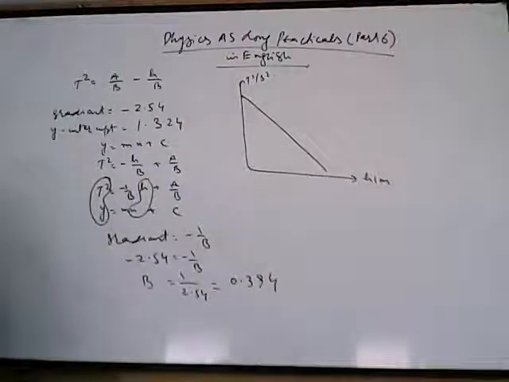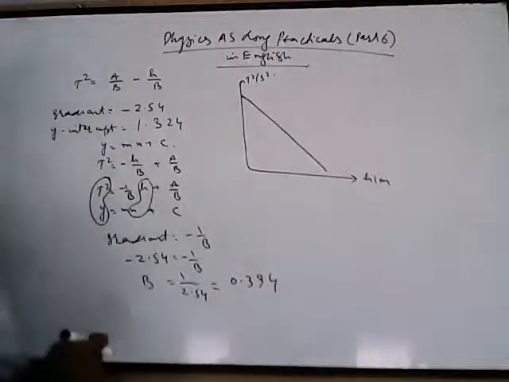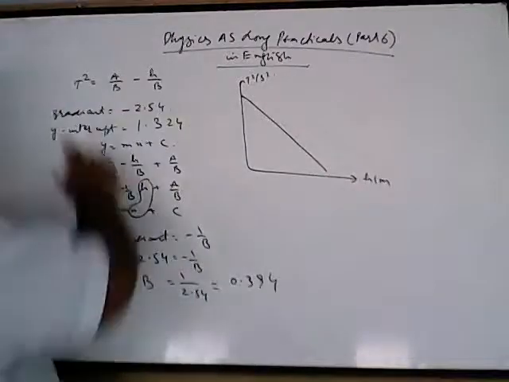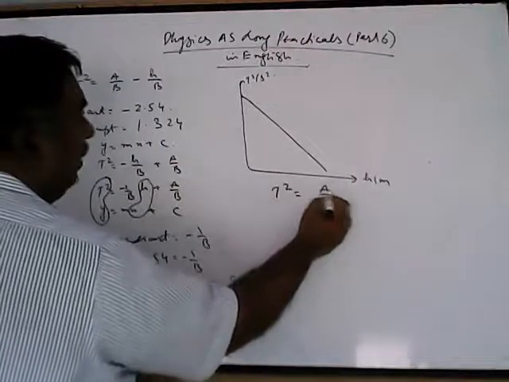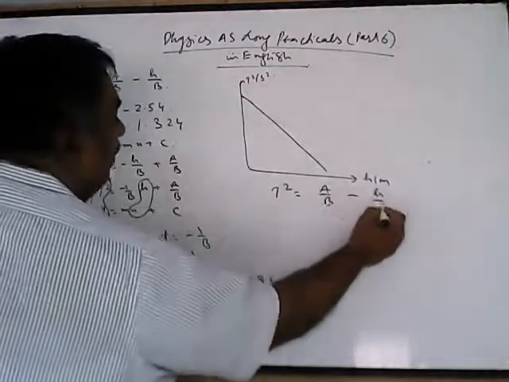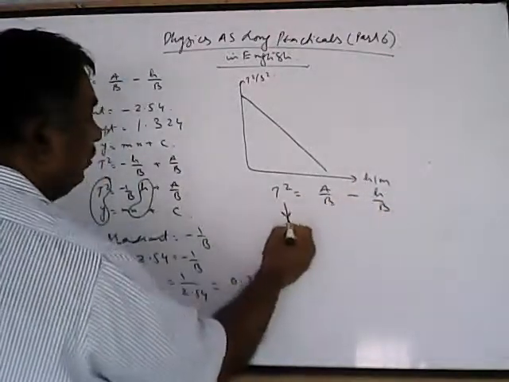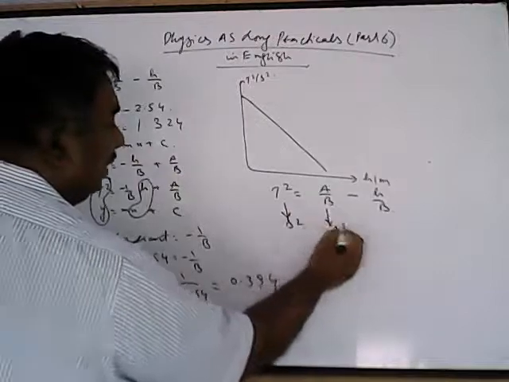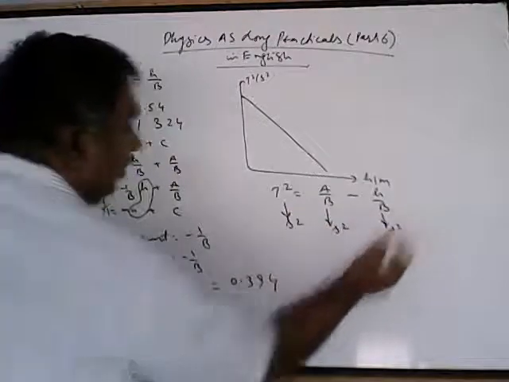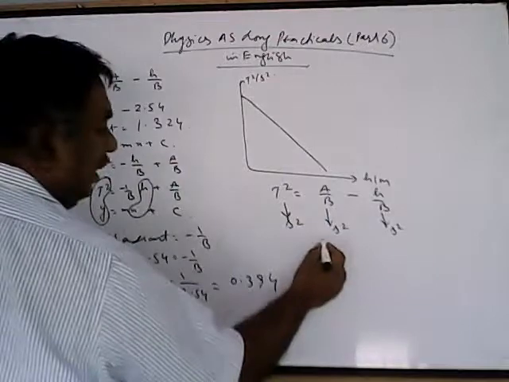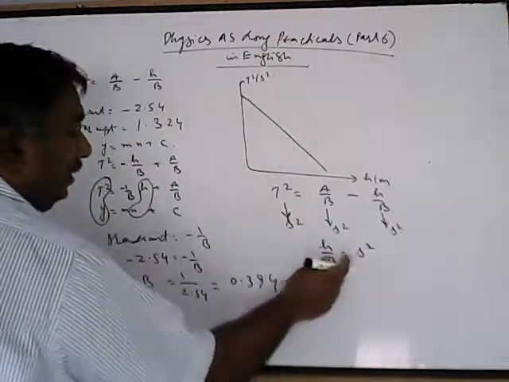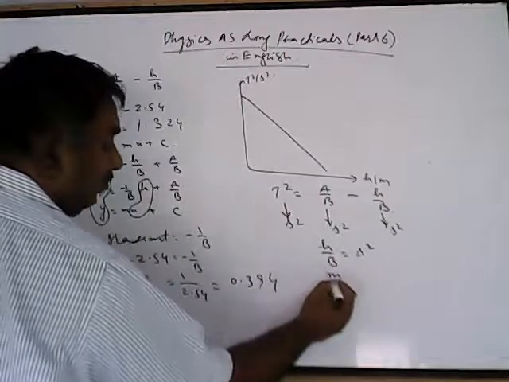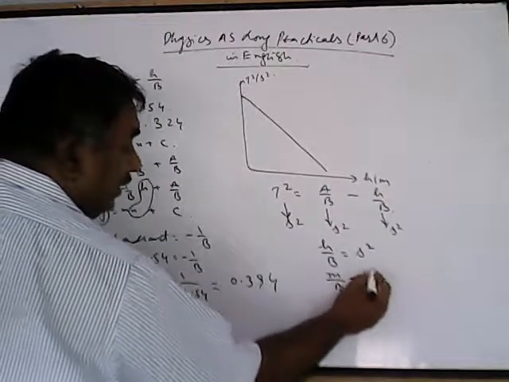Now what should be the unit? For the unit you will use the equation of homogeneity. Now t square is in seconds square, a upon b minus h upon b. If this is in seconds square, this entire thing must also be in seconds square. So I will write h upon b is equal to seconds square. I want the unit of b. This h is in meters. Meters upon b will be seconds square.